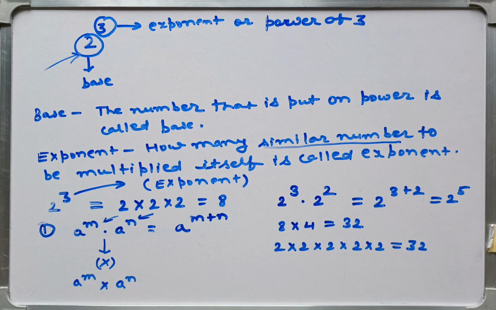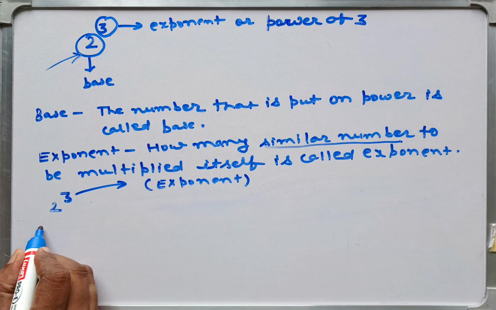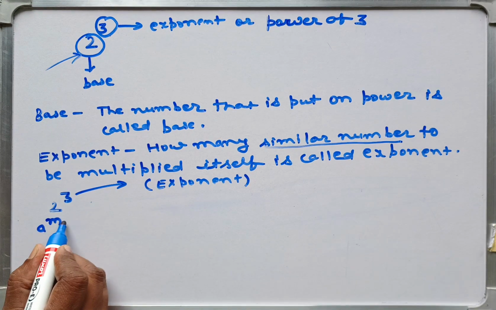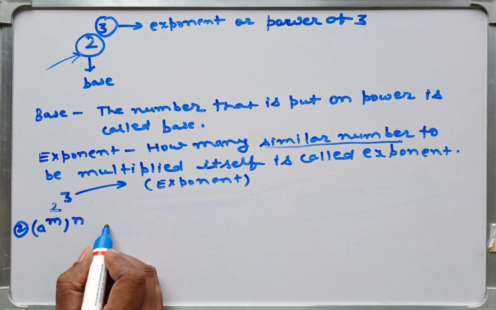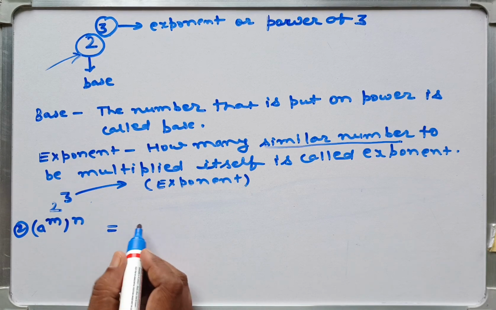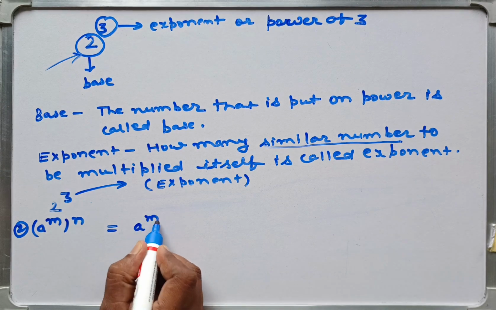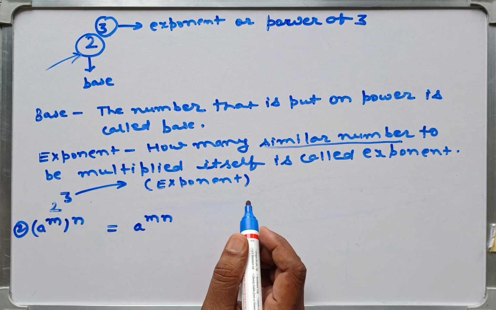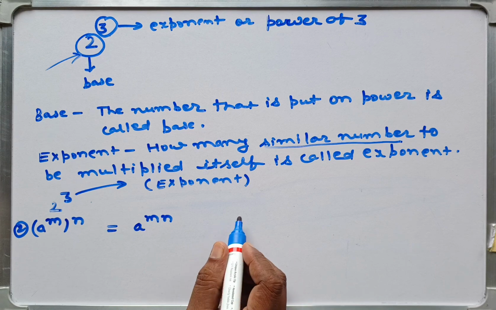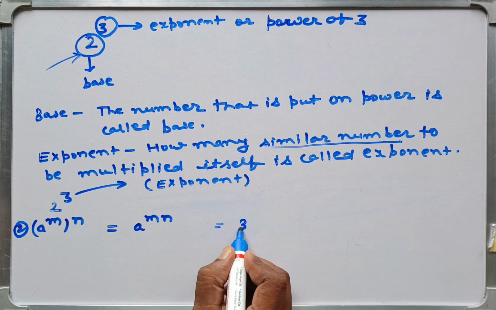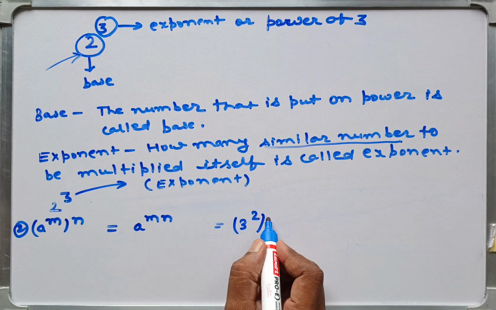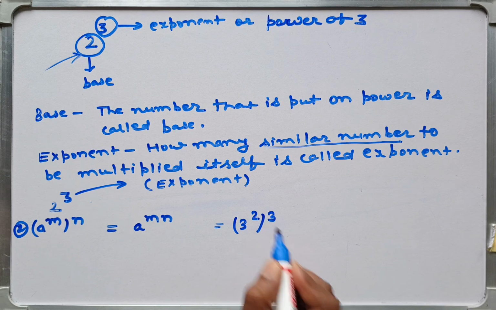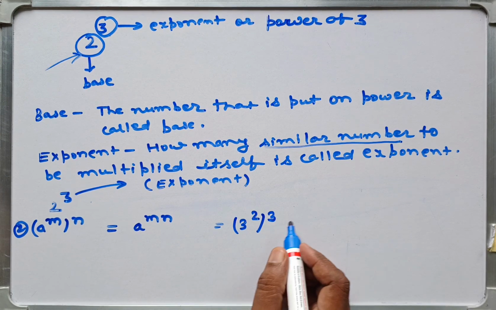The second one: a to the power of m, and then to the power of n. See, this one is 2. So what will this value come to? 8 to the power of m into n. You can see this also. Suppose a number is 3, and you write here 2, and again here 3. What value will we get?